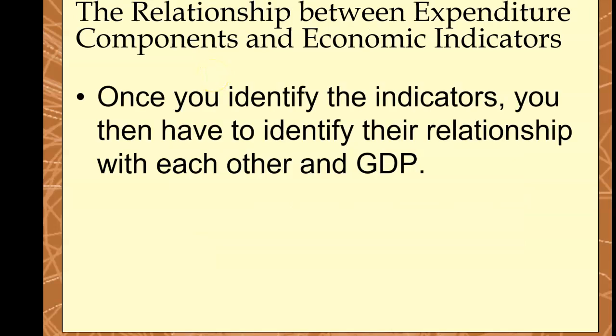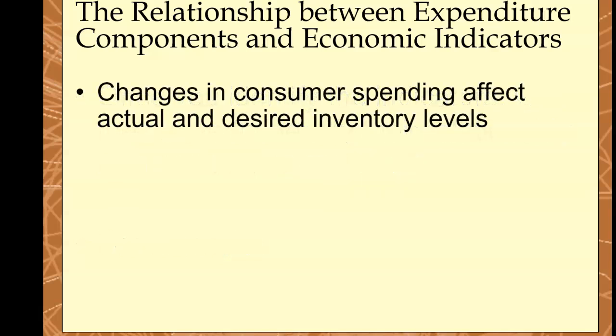So, once you've established the relationship between spending and economic data, you can now start to identify relationships between economic indicators. For example, let's say there's a sudden change in consumer spending. This sudden change in consumer spending will affect inventory levels at stores.